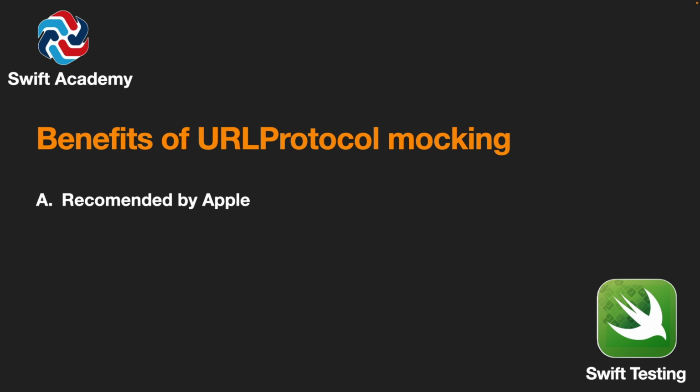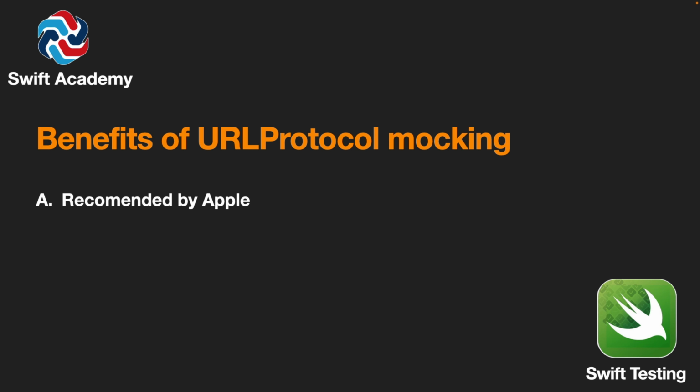Okay, for the benefits of URL protocol stubbing or mocks, first of all, it's recommended by Apple, and especially for URLSession, and it gives us a lot of benefits. It hides testing code from production code, which is for me a great approach for doing testing.